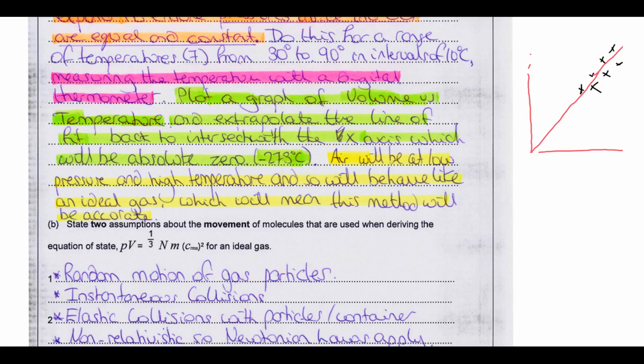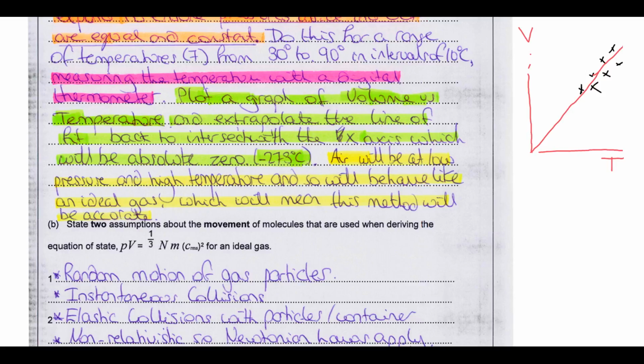But what you can do is extrapolate it back, and you're essentially looking for where the intercept with this axis is. This is your volume, this is your temperature, and what you're looking at doing is seeing where this would hit T equals 0 and V equals 0. So extrapolate it back to see where it crosses.